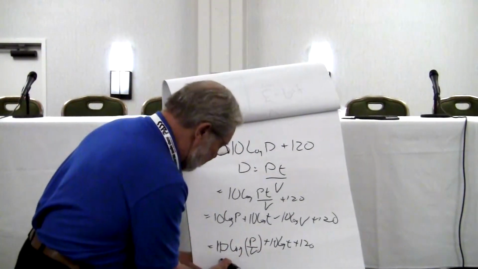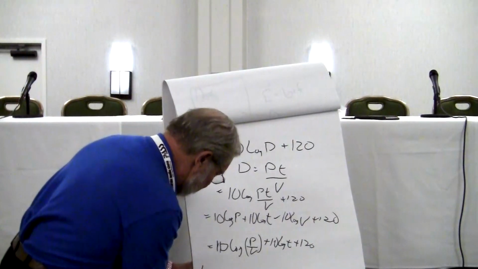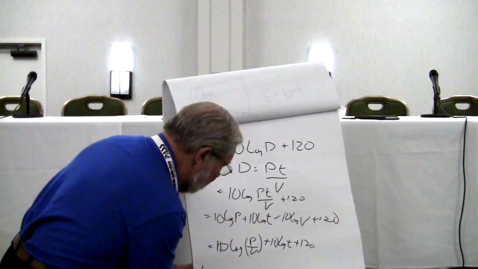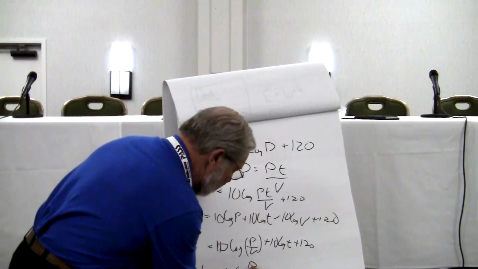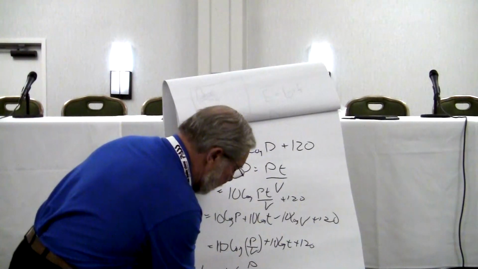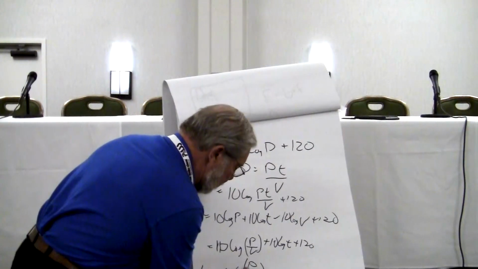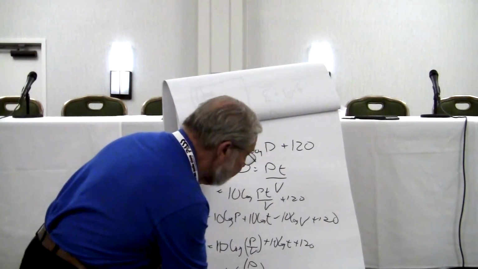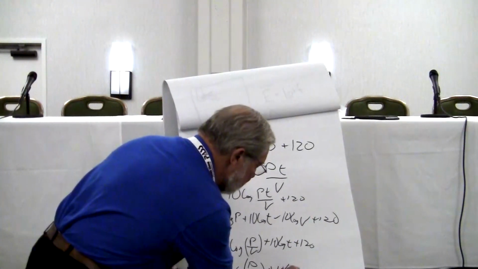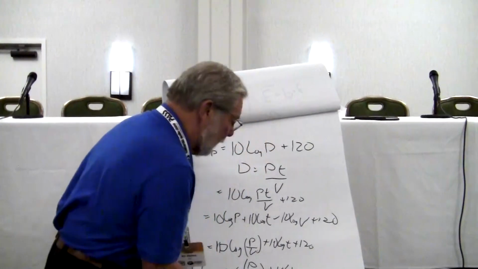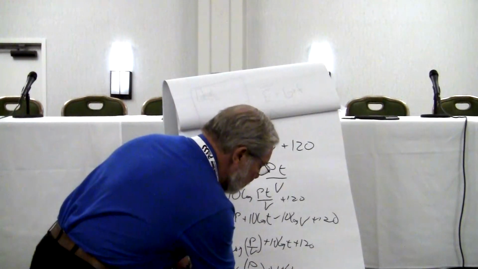So what we have is how loud it gets in the room, LP, is equal to 10 log P, which is the amount of power in watts, divided by the volume in the room, usually in cubic meters, plus 10 log T. Well, what if T is like an eighth of a second?